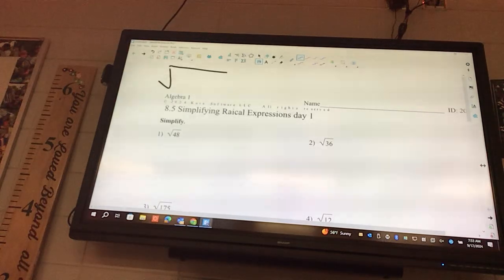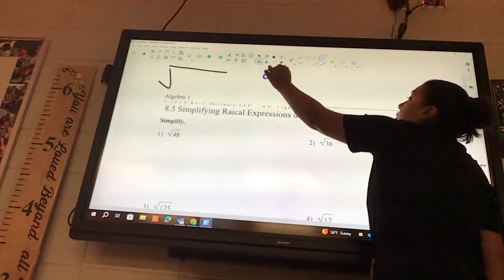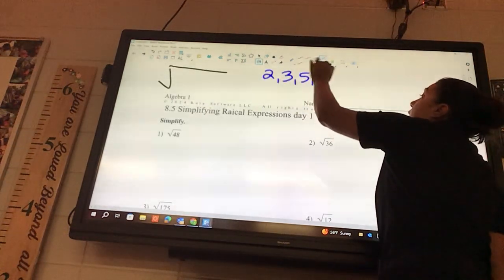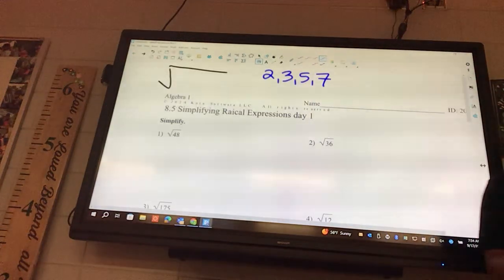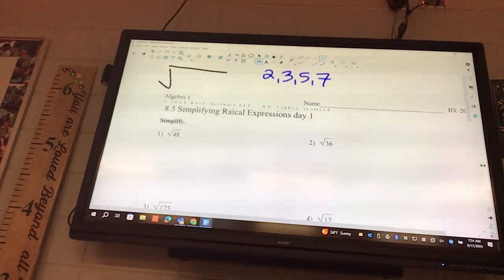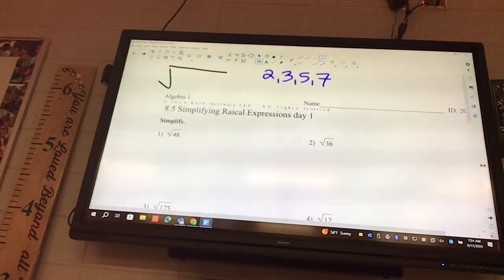The only numbers that you are allowed to circle, group and pull are 2, 3, 5, and 7, aka prime numbers. They can go higher, like 13, but mostly it's going to be 2, 3, 5, and 7.